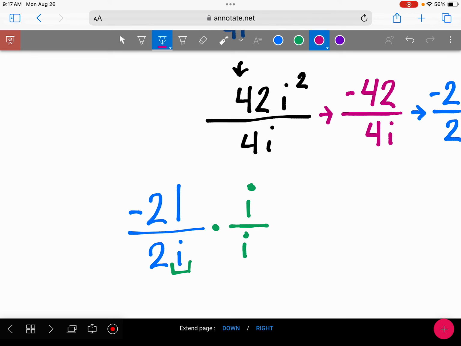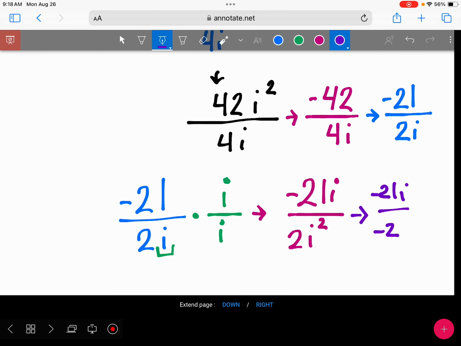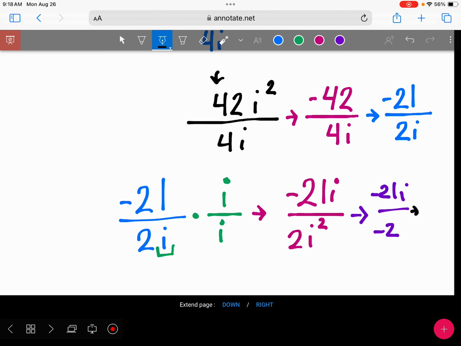So when we multiply those two pieces together, I get my -21i over 2i squared. i squared we already know is -1. So that's -21i over -2, which those two negatives are going to cancel out.